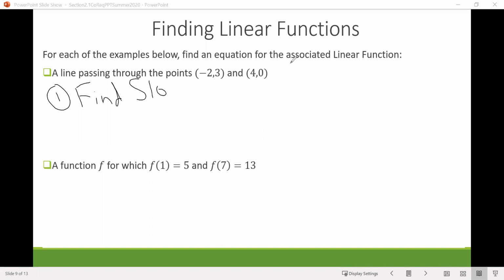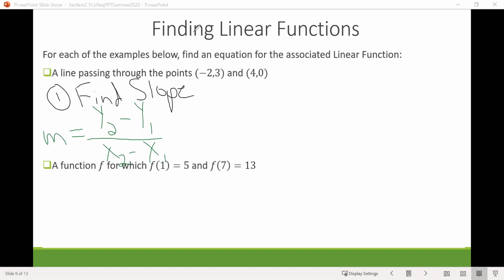And here, because we're given 2 points, we don't know whether the variables are x and y, but we can kind of assume they are. So we can use the slope formula, y2 minus y1 over x2 minus x1. And remember, where do the y's and x's come from? That's right, they come from the points. And just like with average rate of change, recall that it doesn't matter what I label as x2 and x1 here.